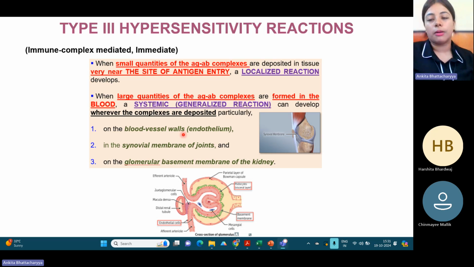So in such individuals, the conditions are a lot more common.